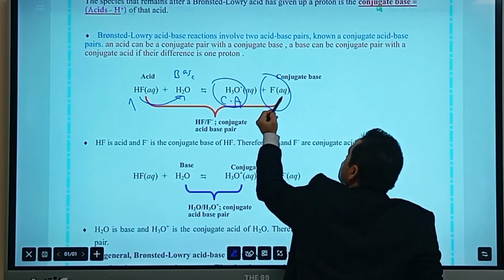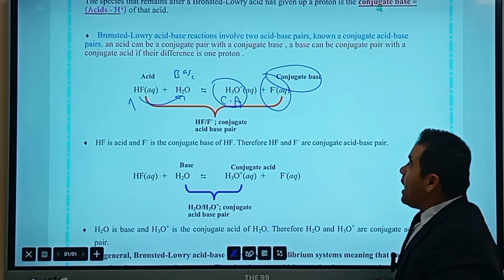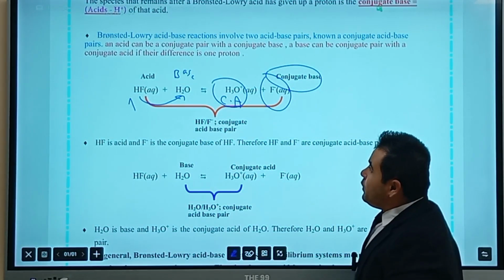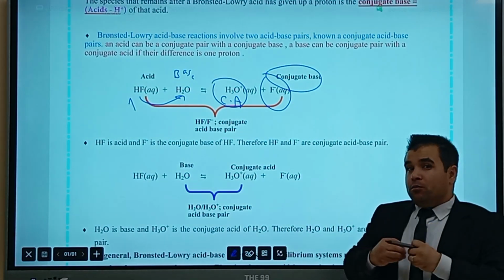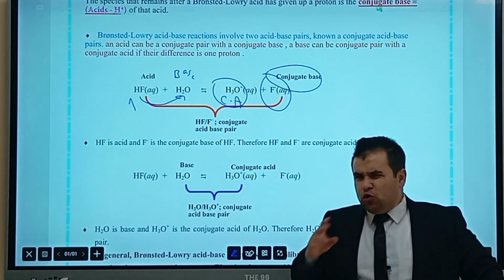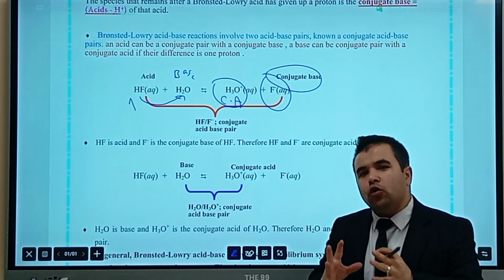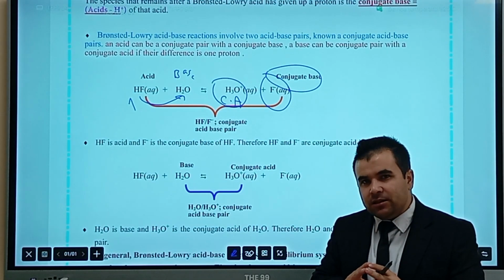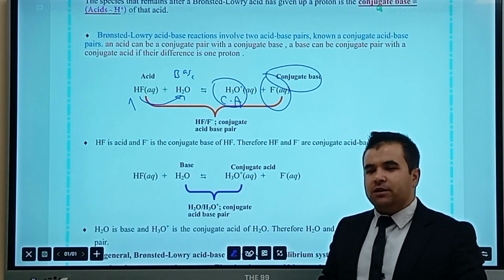F negative, which becomes a conjugate base. And guys, in this reaction and several other reactions, usually, it's not always, we can say the cation is the conjugate acid and the anion is the conjugate base, usually, but we have exceptions.